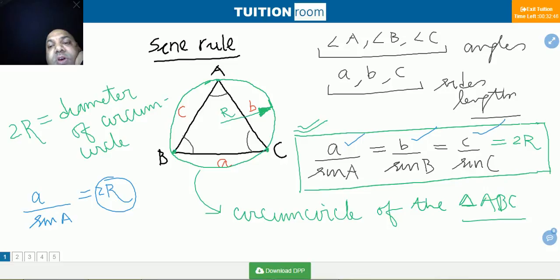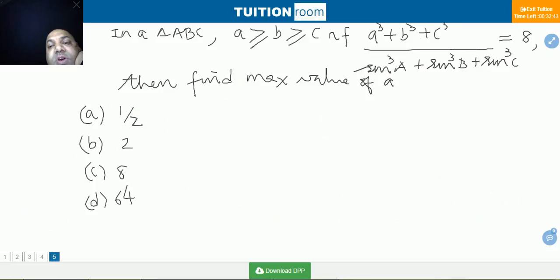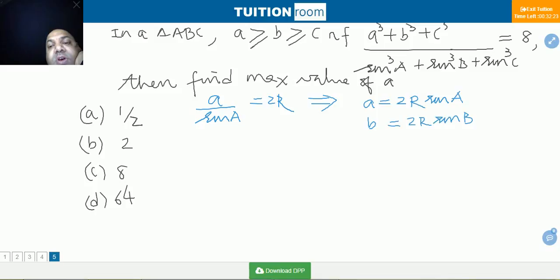Now a by sine A is equal to 2R. This implies that a is equal to twice R sine A. Similarly, b is equal to twice R sine B, c is equal to twice R sine C.